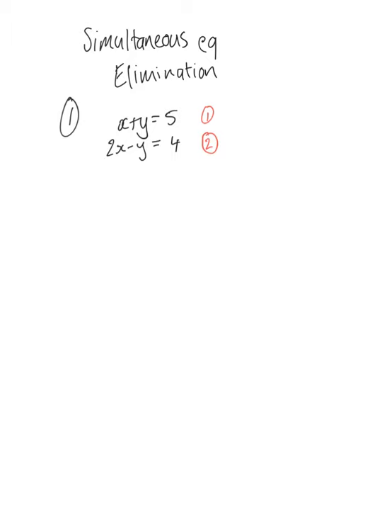When you've got your 2 equations, the way we do it via elimination is we want to match up our coefficients. In our first equation we've got 1x, and in the second we've got 2x's. If we look at the y's, we've got 1y here and a negative 1y.